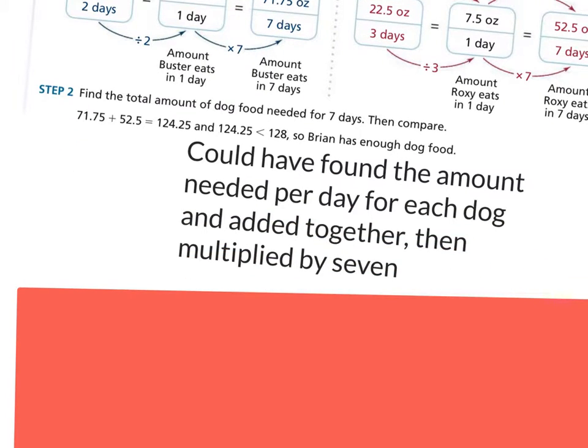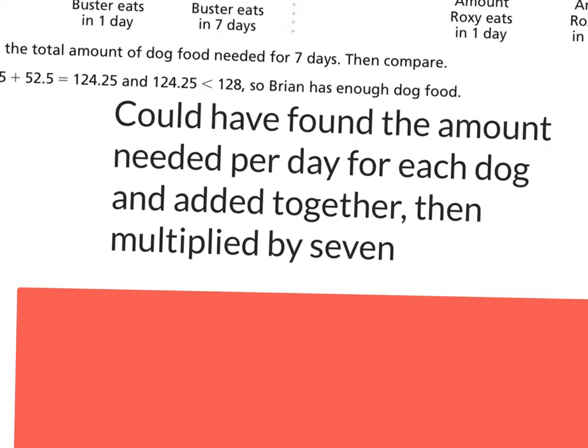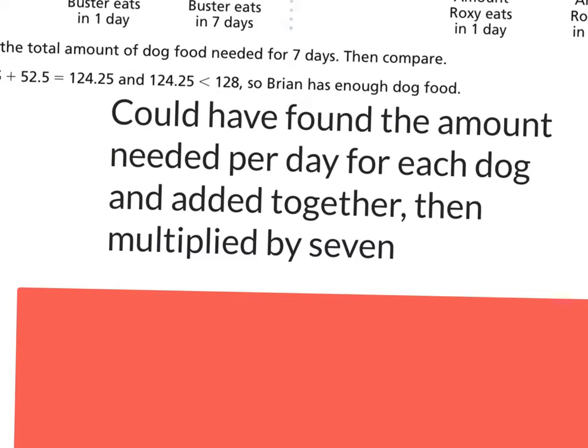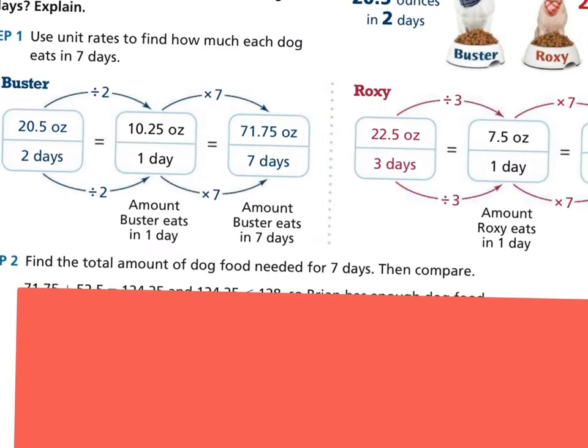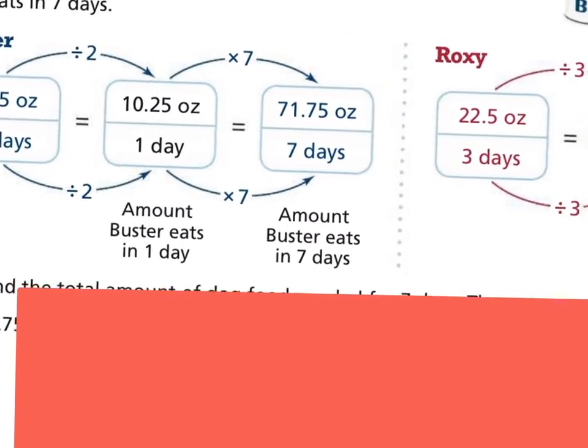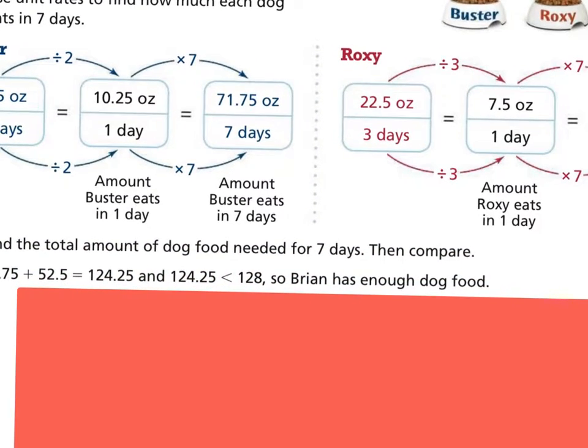Okay. Another thing we could have done is found the amount needed per day for each dog and added those together and then multiplied by 7. Not a big difference, but just one less step. So like we found out, Buster is 10.25 ounces and Roxy is 7.5 ounces.